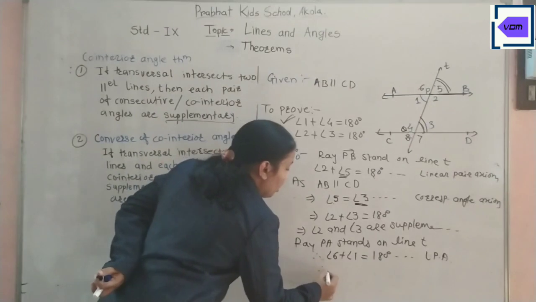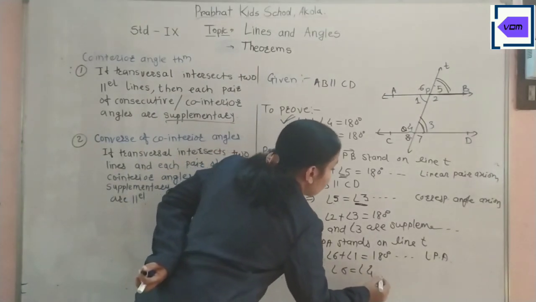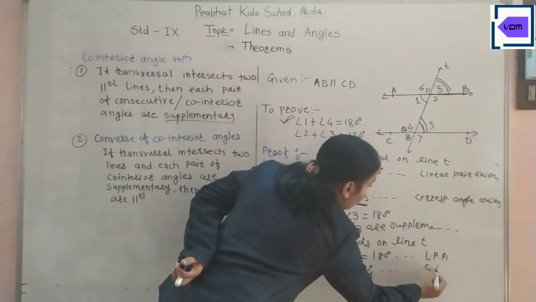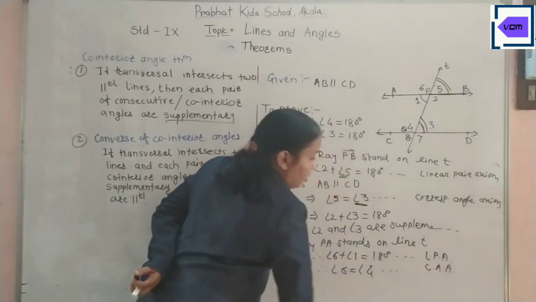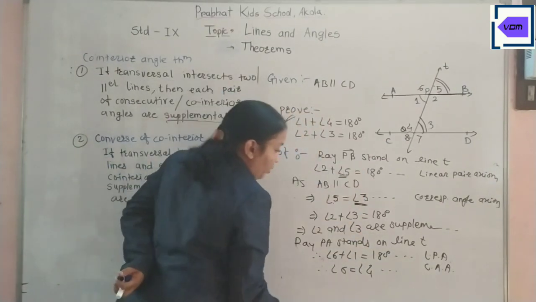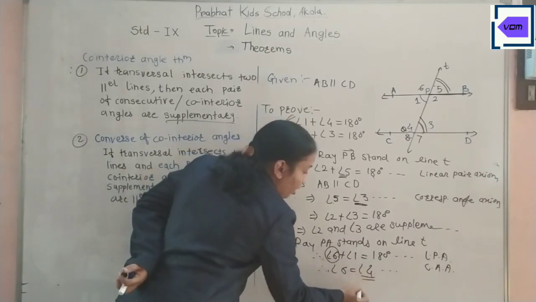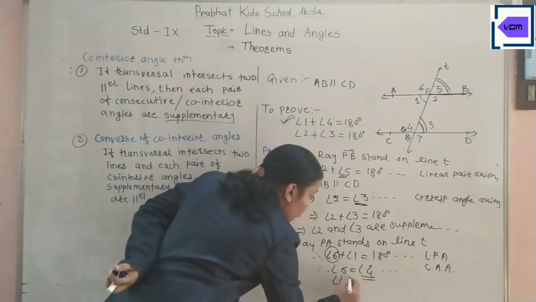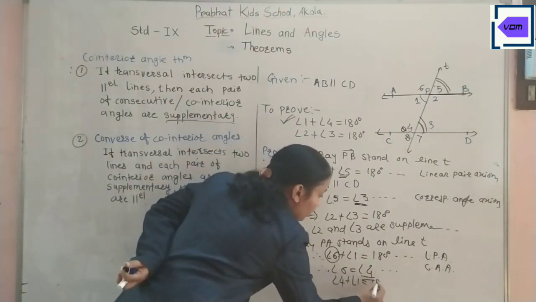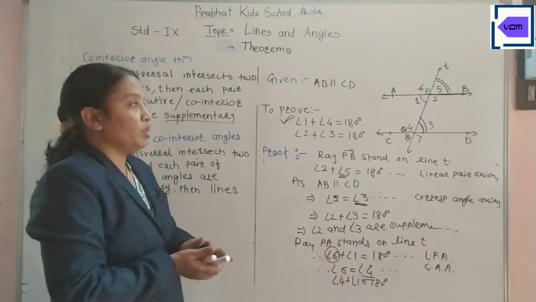Now, again, angle 6 is equal to angle 4, by the corresponding angle axiom. You have to write the complete name like that only. Now from 1 and 2, instead of angle 6 you can put angle 4. Therefore angle 4 plus angle 1 equals 180, and that's how you prove the theorem.